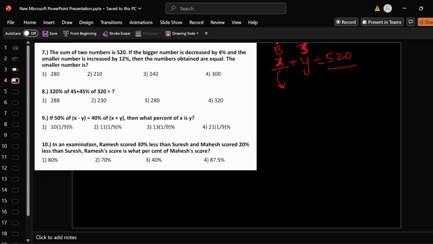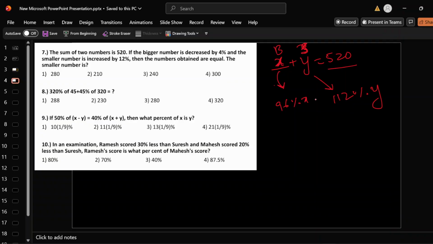Here x, we can write it as 100% of x, and if you decrease 4% from 100%, it becomes 96% of x. And the smaller number is increased by 12%, so from 100% of y, it becomes 112% of y.